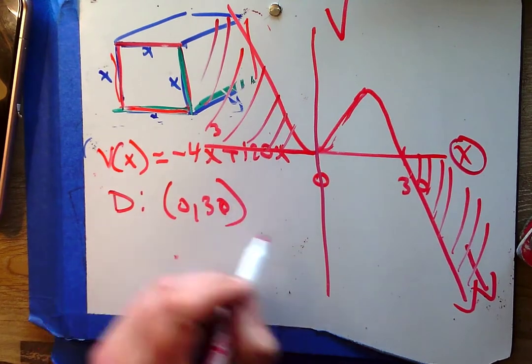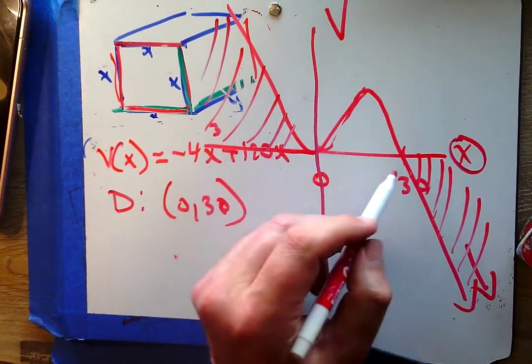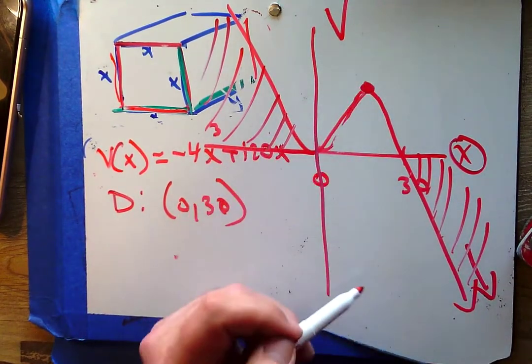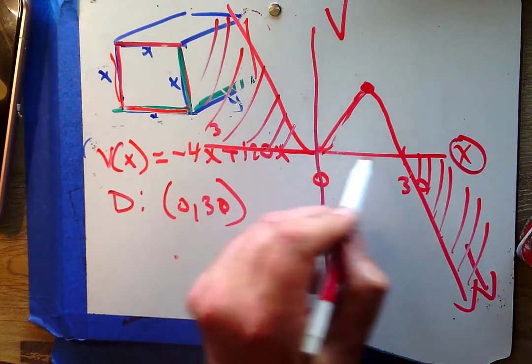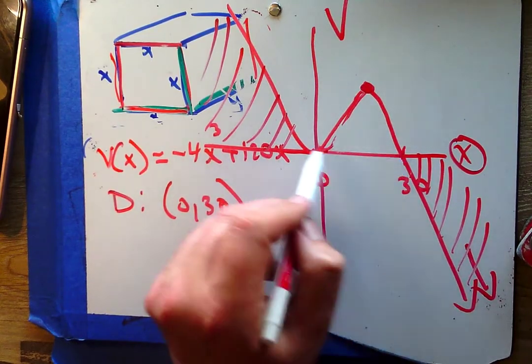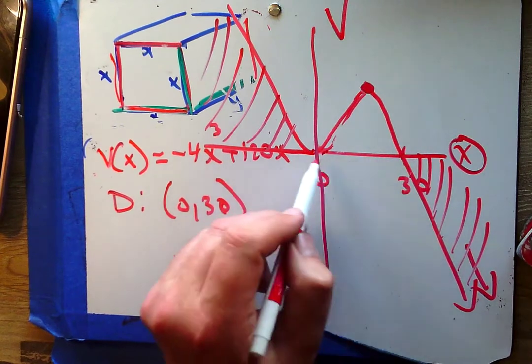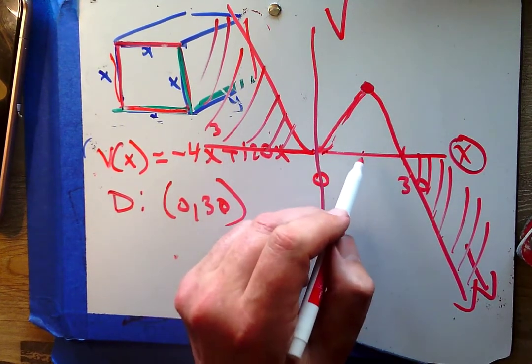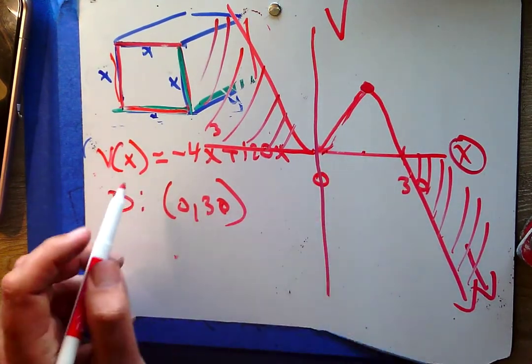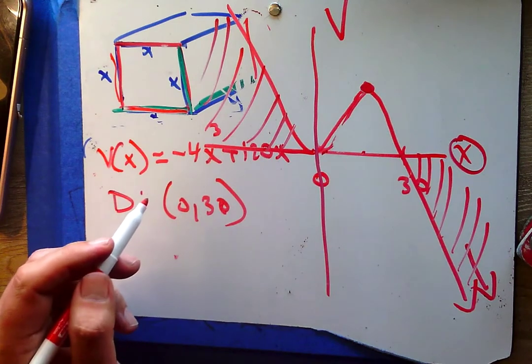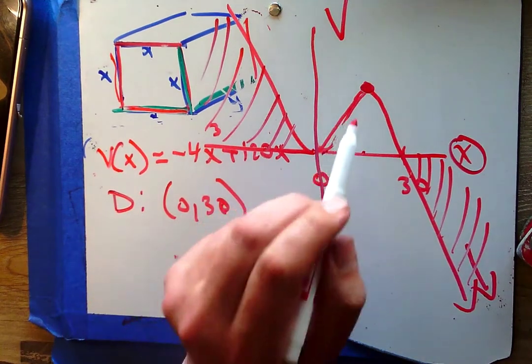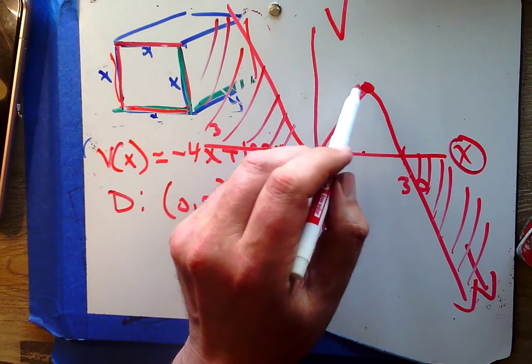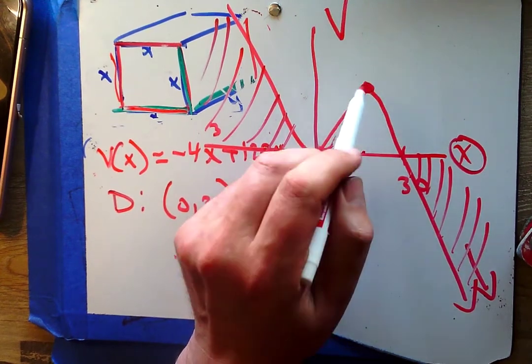So somewhere on this domain from 0 to 30, we have a maximum volume. And many students like to say, halfway in between those, they're going to have their maximum. Yeah, it almost never works out that way in polynomial land. Because we haven't learned calculus yet, there's a really easy way to do this with calculus.